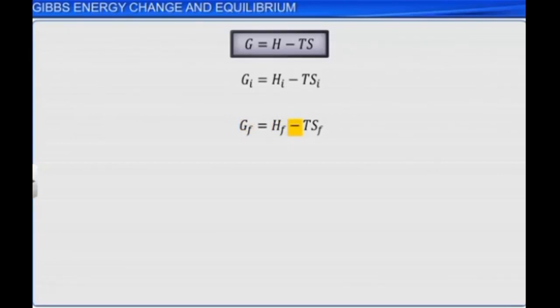Thus, change in Gibbs energy, that is, Gf minus Gi, equals change in enthalpy, Hf minus Hi, minus product of absolute temperature T and change in entropy S, Sf minus Si. That is, delta G equals delta H minus T delta S.